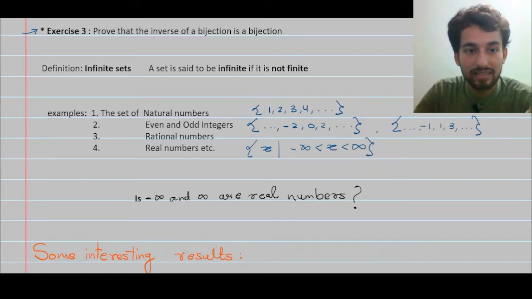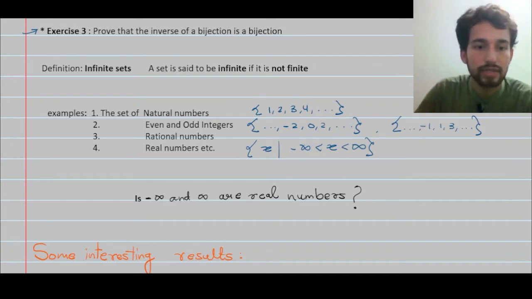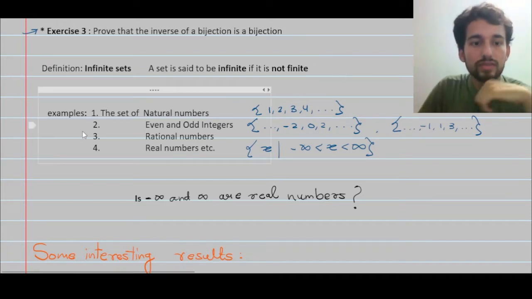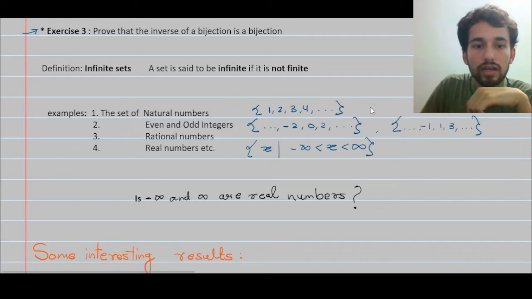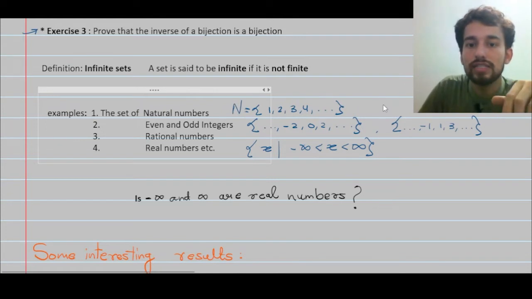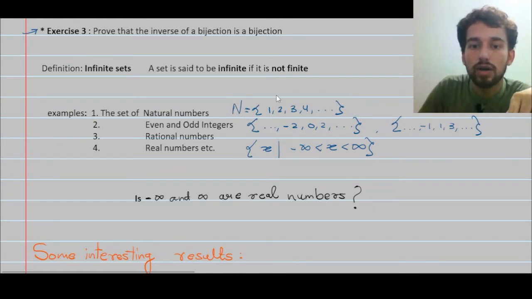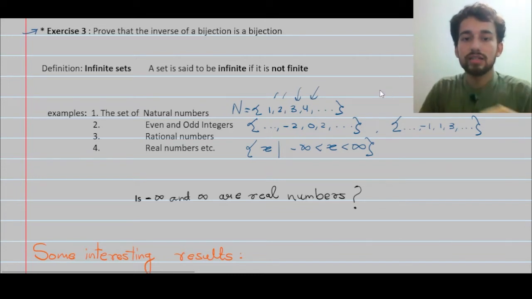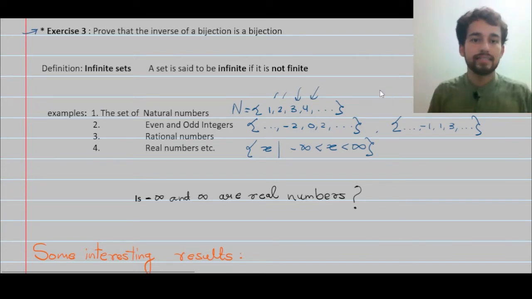So here are some particular examples which I have just noted down. Let's quickly go through them. The first example is the set of natural numbers, which we denote by bold capital N, and which consists of all the natural numbers starting from 1, 2, 3, 4 and so on. This set is an infinite set.